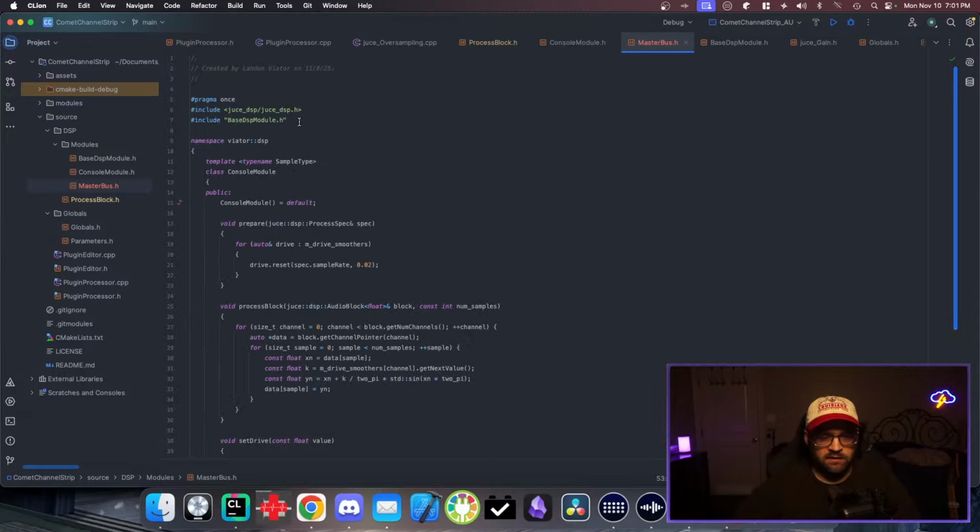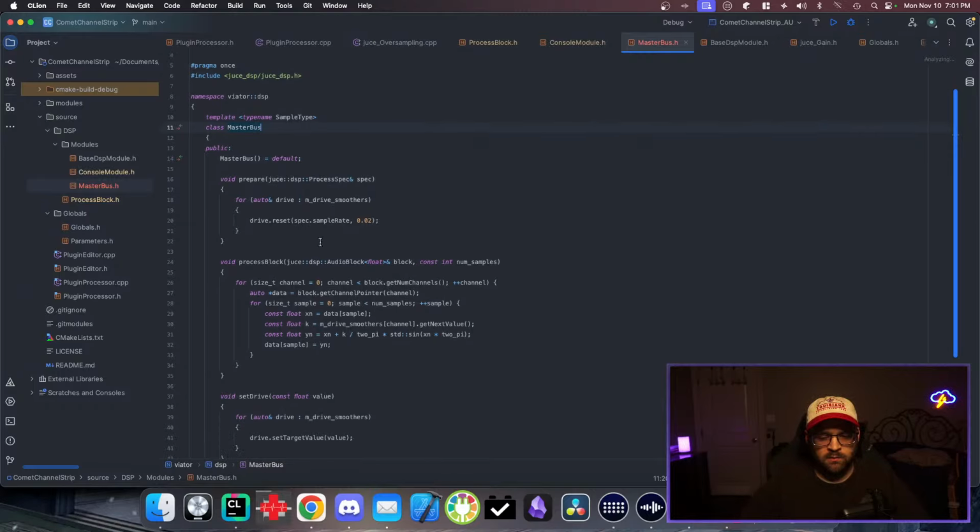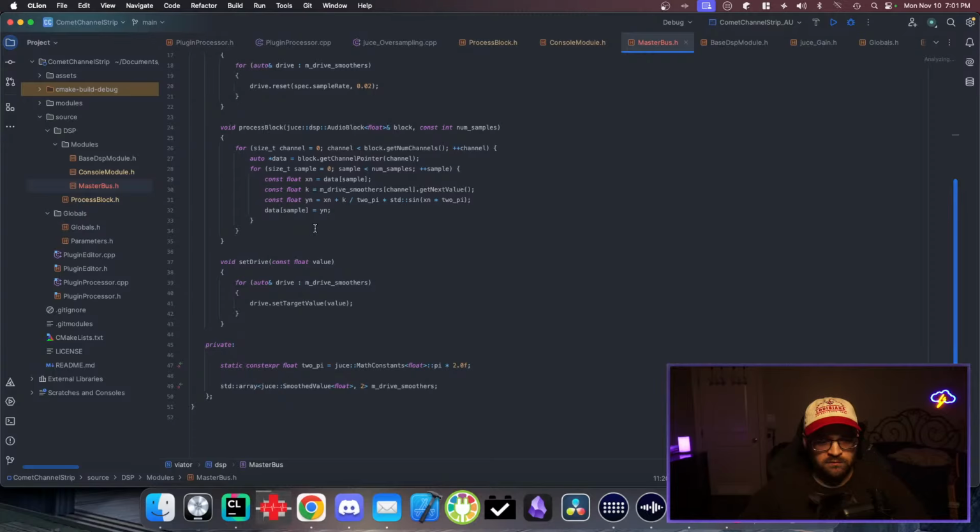All right, we'll take that out. And we'll take console module and we'll call it master bus. That should all be good. Process block. Set drive. Okay. We probably don't need this 2pi.